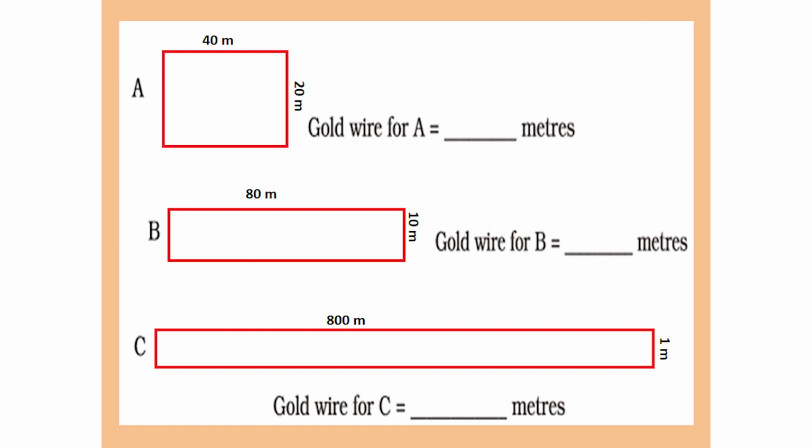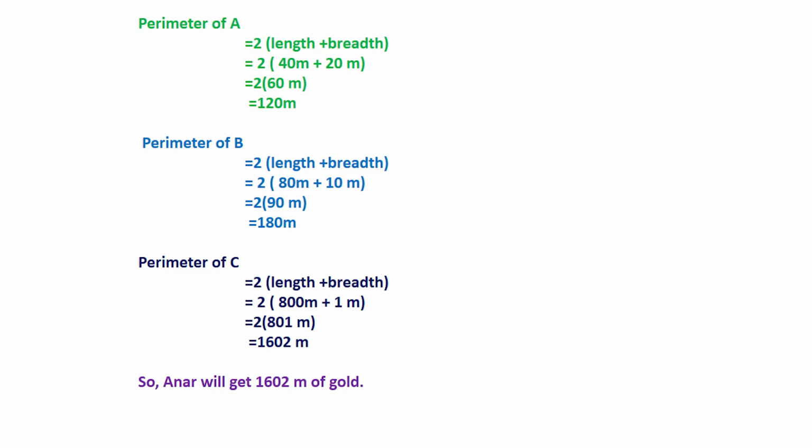Since the shape is a rectangle, perimeter of rectangle equals length plus breadth plus length plus breadth, which is equal to twice the length plus breadth. Perimeter of A equals 2 times in bracket length plus breadth, which equals 2 times 40 meter plus 20 meter, which equals 2 into 60 meter, which equals 120 meter.